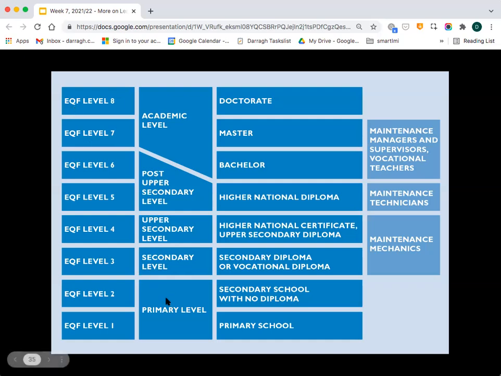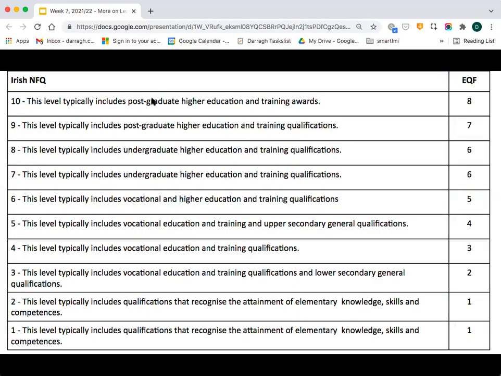It's similar enough in that there are 8 levels to the EQF. EQF level 3 would refer to secondary level, which is a secondary diploma or a vocational diploma. And when you're talking about level 7 and 8, you're talking about a bachelor's, a master's or a doctorate. So that's how the Irish NQF corresponds to the EQF.